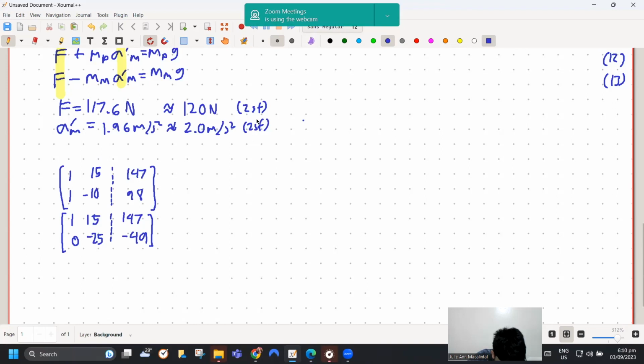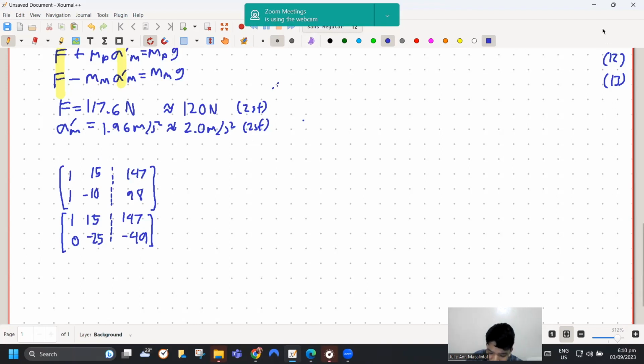Ang disadvantage, kasi niyan, determinants kasi kapag binago-bago mo yung constants. Umabot ka na ba doon? Yung Cramer's rule. Cramer's rule.